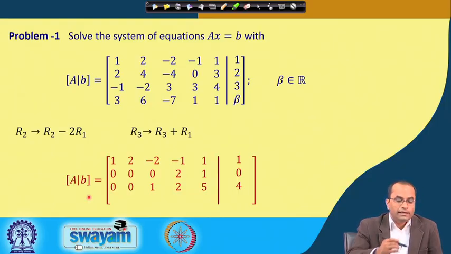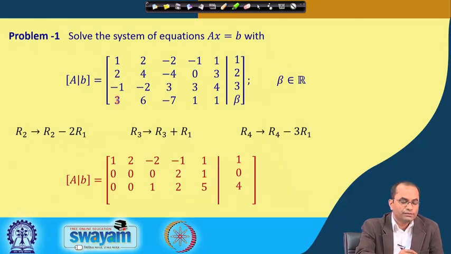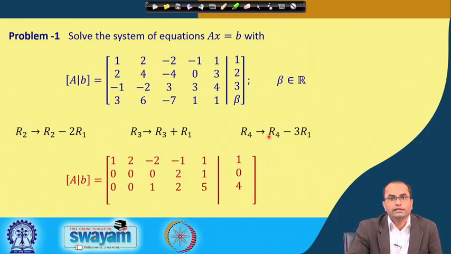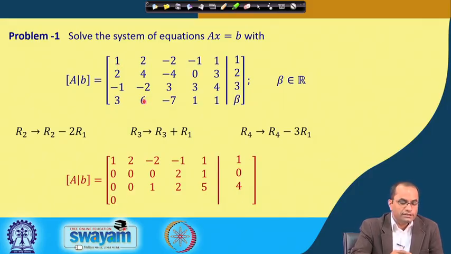Now we will do the third elementary operation, that is on row 4. So, this R4 should now be R4 minus 3 times R1. So, R4 minus 3 times R1. With this it will be set to 0 here, and here 6 and minus 6, again this is 0, minus 7, and then we have plus 6.